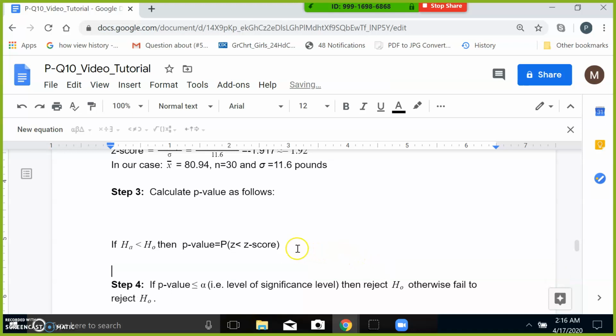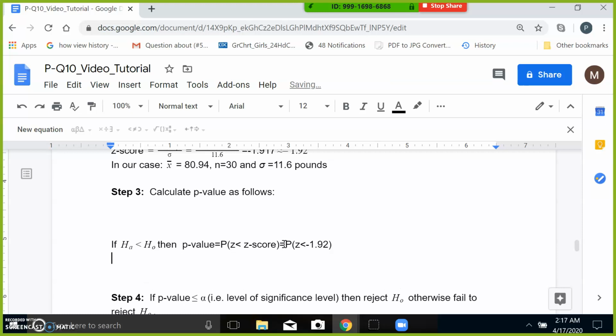So finding our p-value will be the probability z is less than our z-score, which is negative 1.92. Okay, so let's keep going.